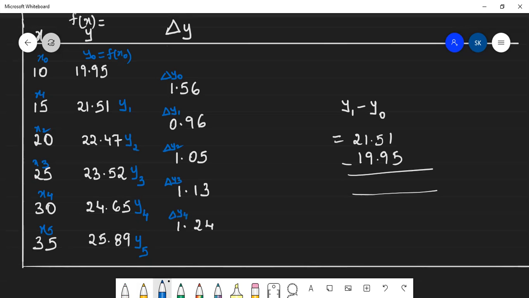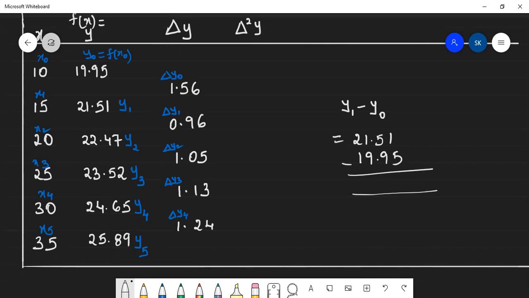These are my values. So now I'm going to find the second differences, that is forward delta square y. How to get those? I should subtract forward delta y1 minus forward delta y0. I'll get forward delta square y0. Right? Now I'm going to subtract.